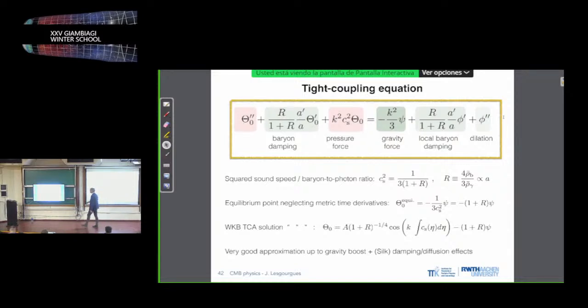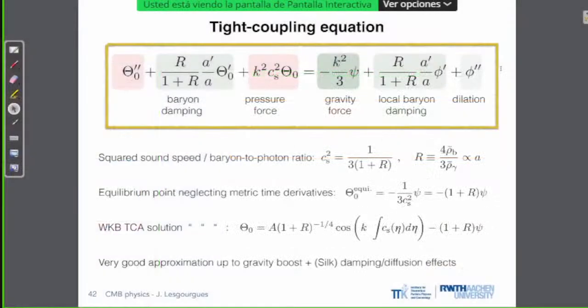And this is not captured by this equation. If we wanted to capture it, we could use this diffusion length and multiply all this solution by an exponential of minus the scale divided by the scale of the diffusion length to account for this additional damping of the fluctuations when we exit the tight coupling regime.